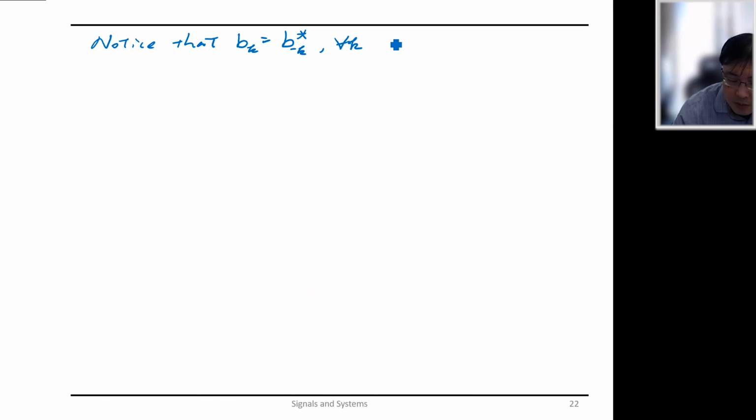This means that it is conjugate symmetric. And when this is the case, we know that the signal must be real.